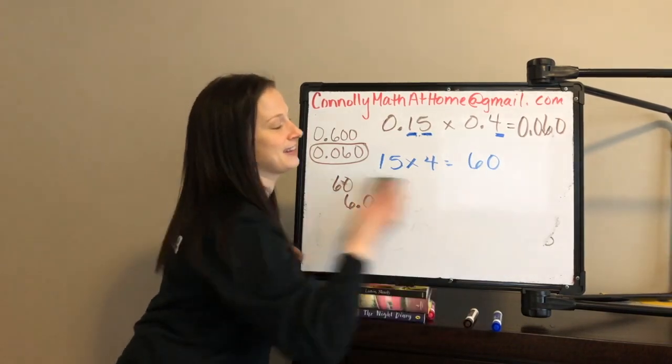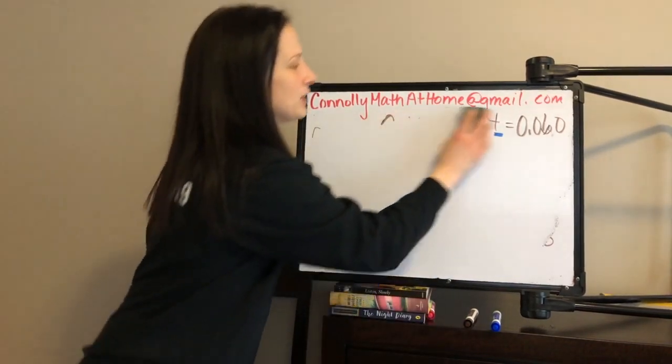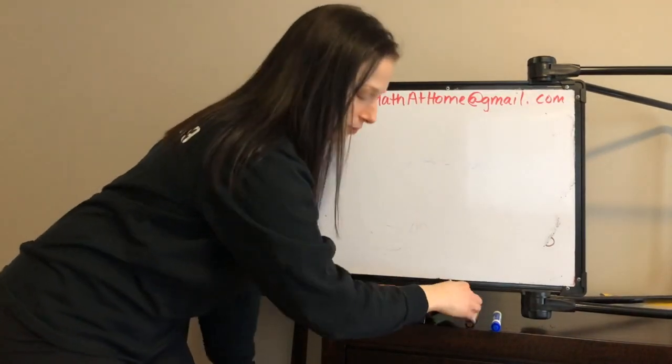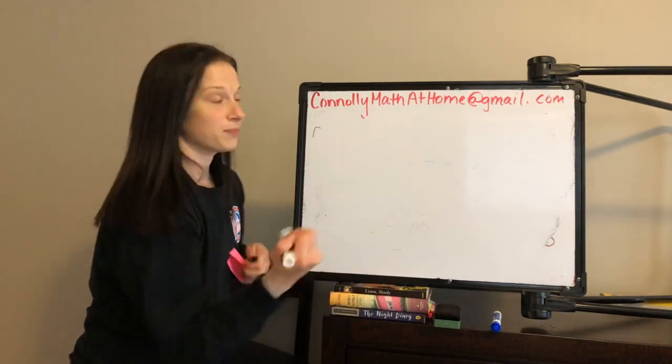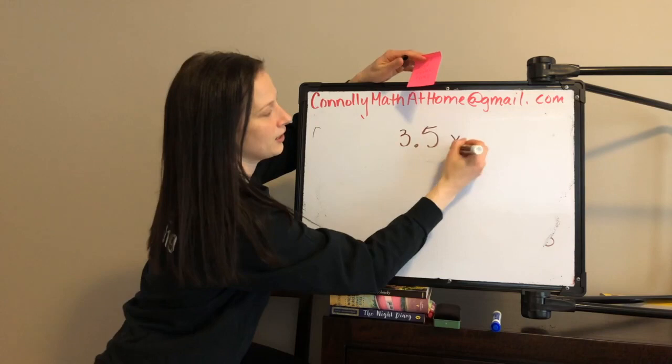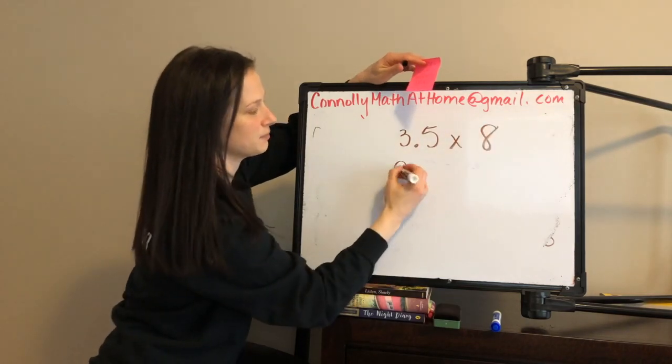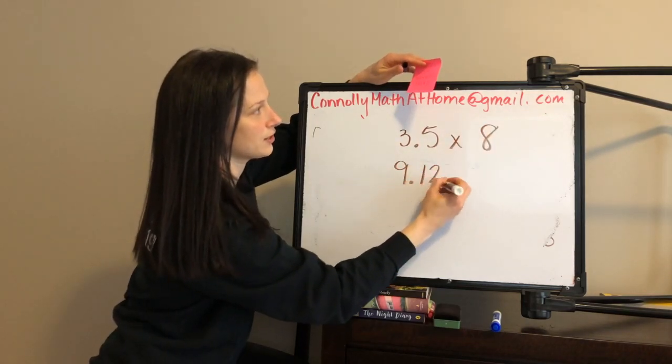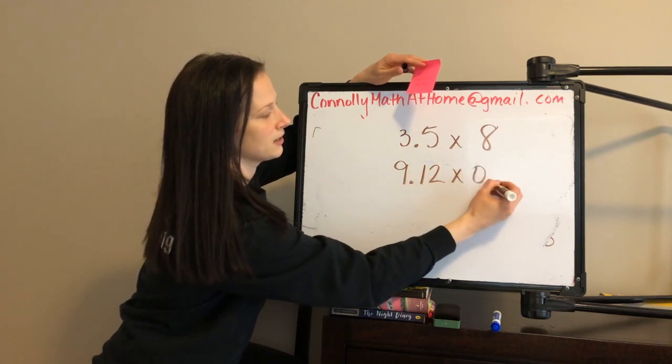Okay, so today you can use that little trick to help you. But if Miss Conley sneaks in some problems on your work today, you're going to have to think about where the decimal really belongs so that your answer makes sense.